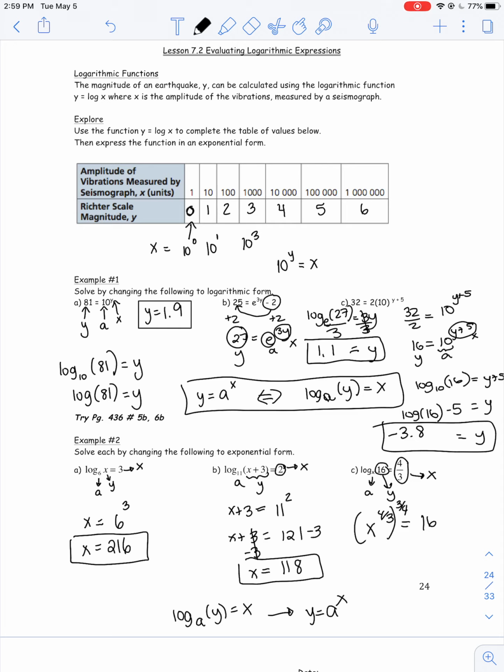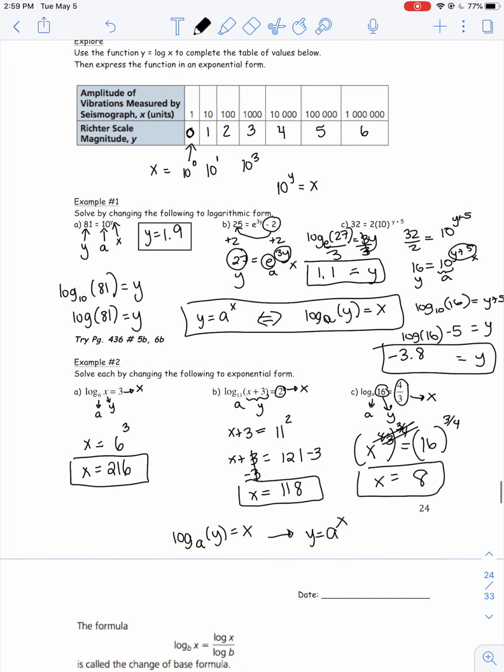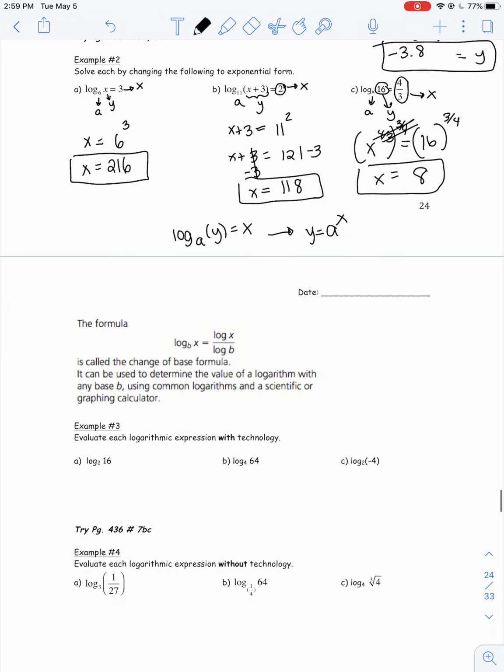So to get rid of the power, we're always going to take it to the power of the reciprocal. So if you have 4 over 3 as a power, if you take it to the power of 3 over 4 on both sides, those powers will cross each other off, leaving you with 16 in your calculator. You're going to take it to the power of, in brackets, 3 over 4. And so x equals 8.